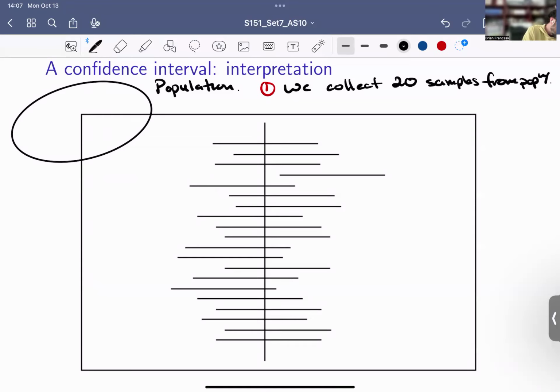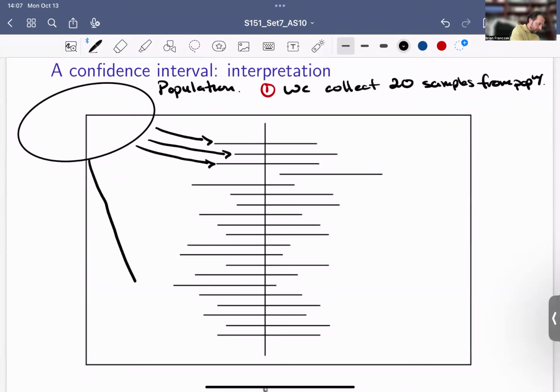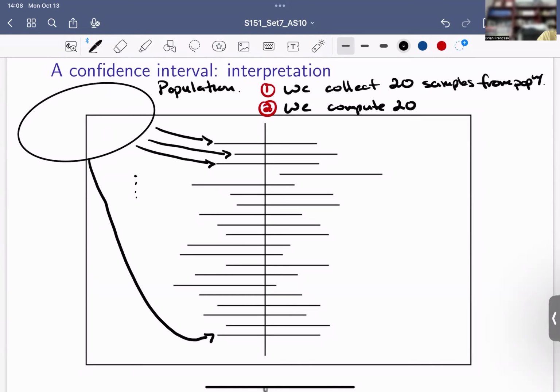And those 20 samples are used to compute the confidence intervals that are shown here. Okay, so we have this population, we've collected 20 samples, and then from the 20 samples, we compute 20 95% confidence intervals.